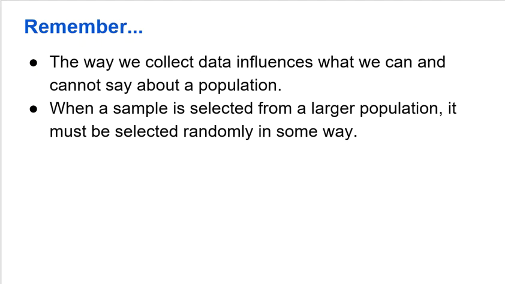So when a sample is selected from a larger population, it must be selected randomly as well. That's the second big thing you have to remember. So populations are great. We love censuses because if you can do a census, you're going to get great data. But again, sometimes it is very hard and timely and costly to do. So if we do select a sample, you got to make sure that that sample is random. If it's not random, that's a problem.